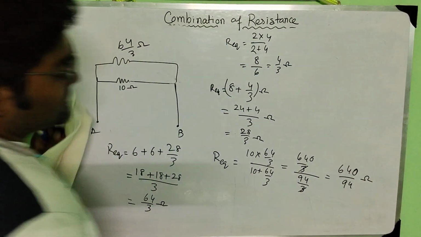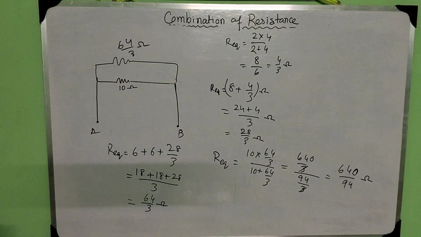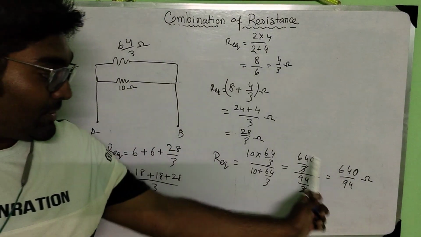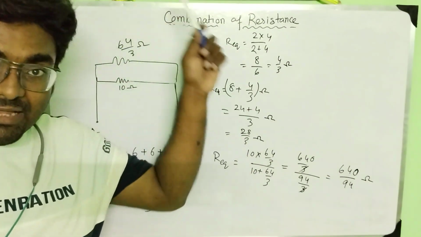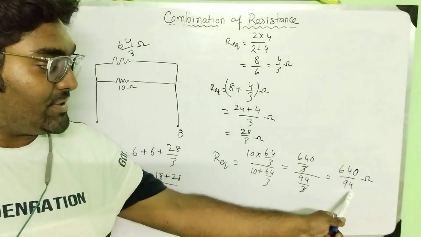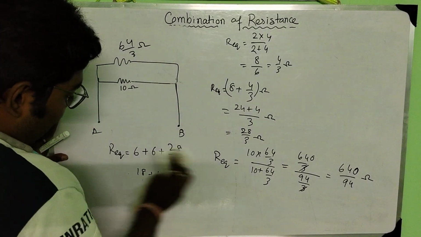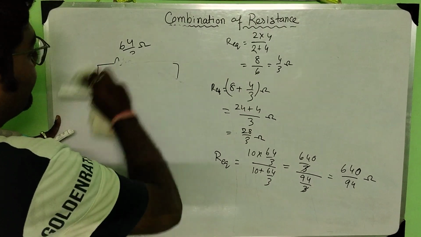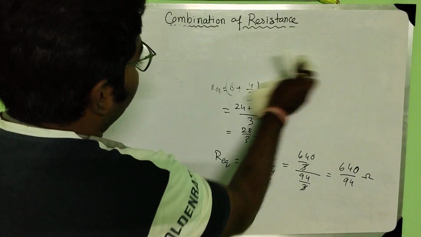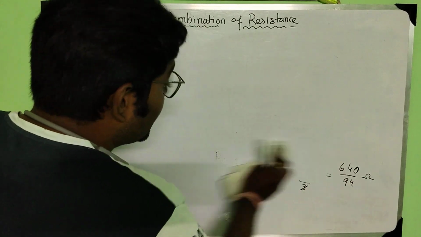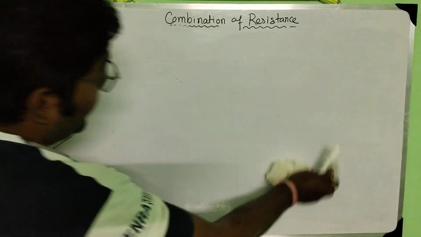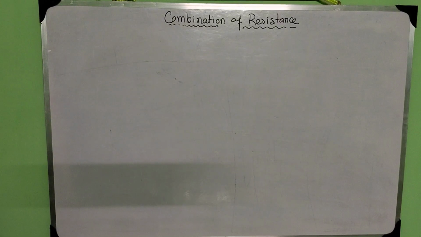Now simplify it, you can find the equivalent resistance. Okay, so this is the equivalent resistance for that combination of resistances, 640 by 94 ohm. Very easily. Just remember the formula and identify which one is parallel and which one is series combination.